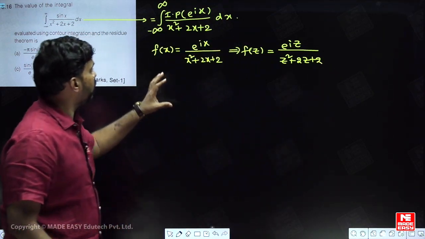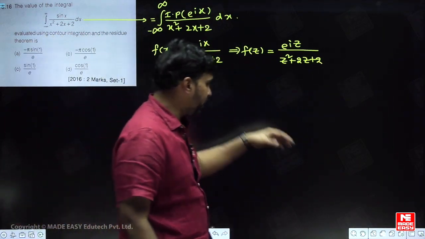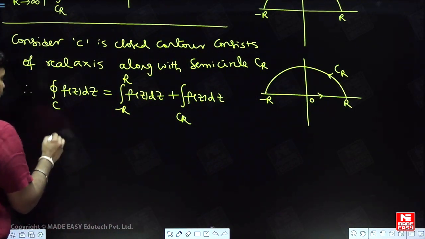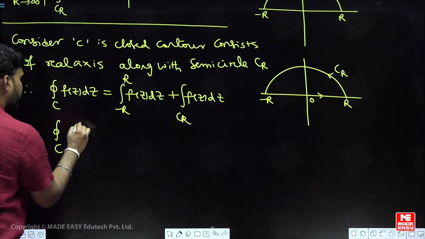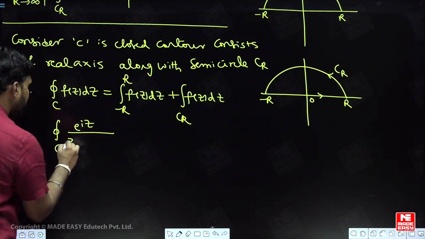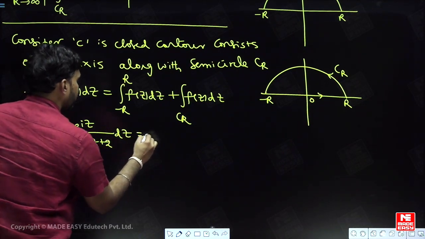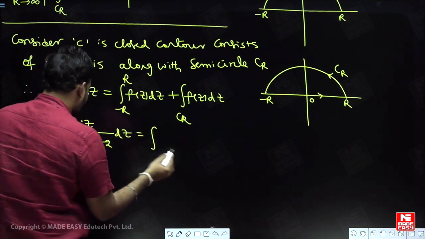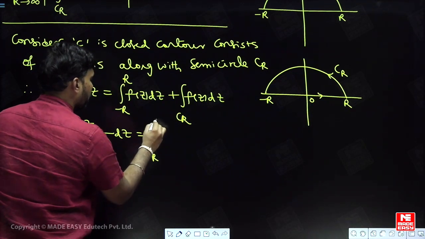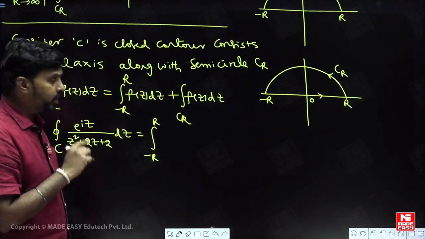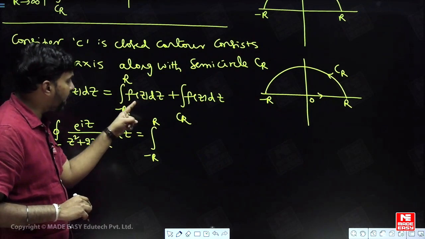Is it so? So now if I use these in this integral, see that. Now if I use this same function e^(iz)/(z^2 + 2z + 2) dz, it is equal to the integral from minus r to r. There is one point you need to observe, my dear students. Here the point is along the real axis.